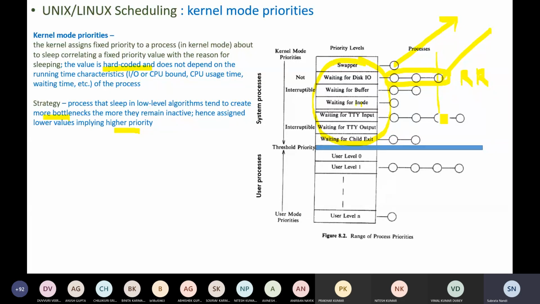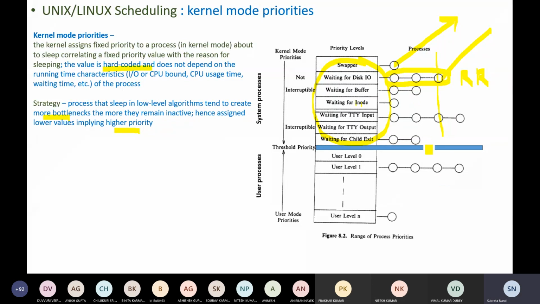So in this order it will scan and find processes, and only if the kernel level queues don't have any processes ready to be executed, then only the CPU will try to schedule a user level process.